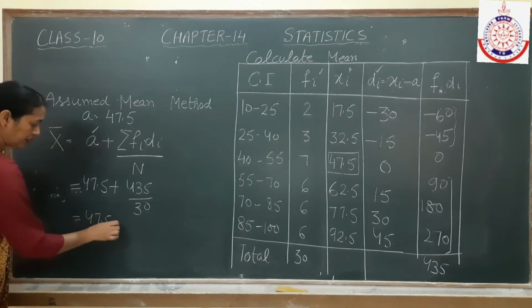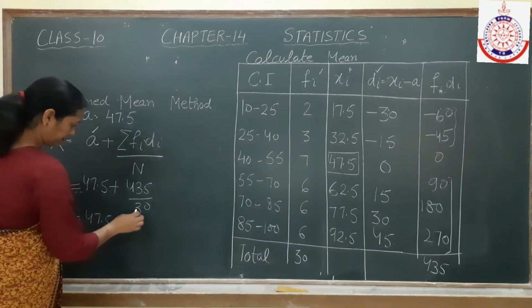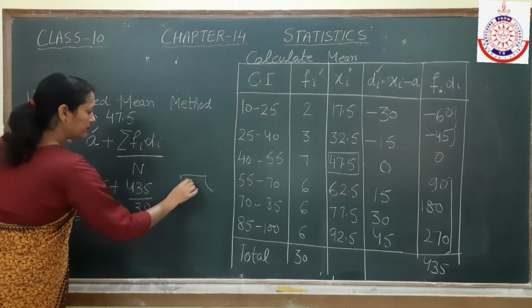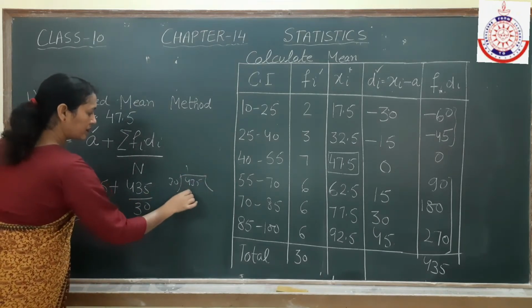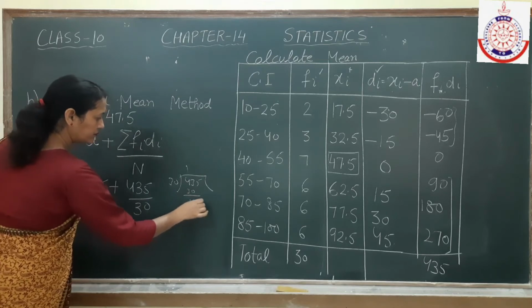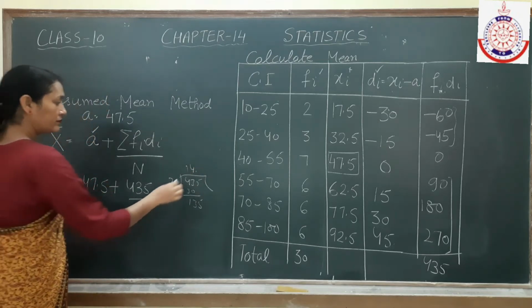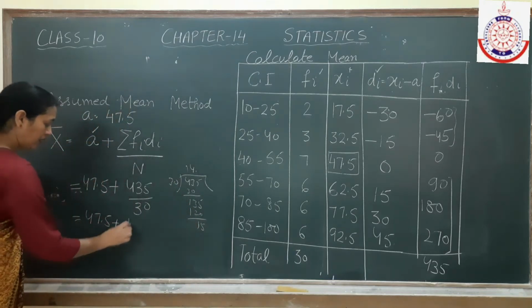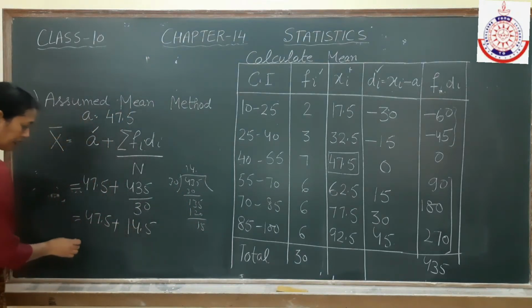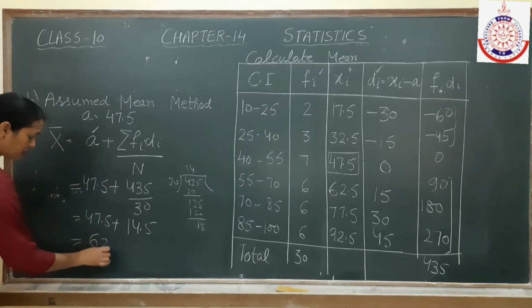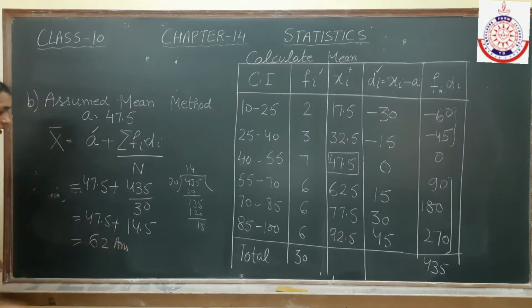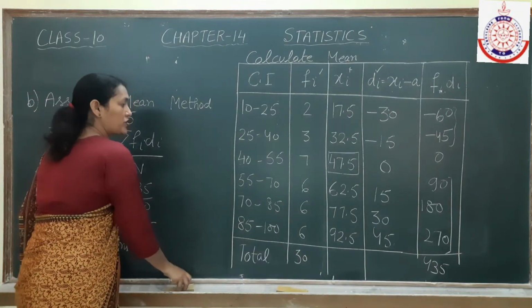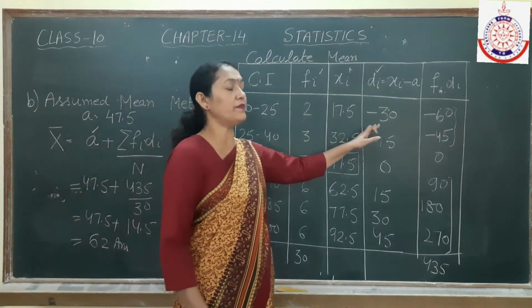This will give us 14.5, and after addition we get 62. Again we have obtained the same answer, but here this multiplication part became easier.